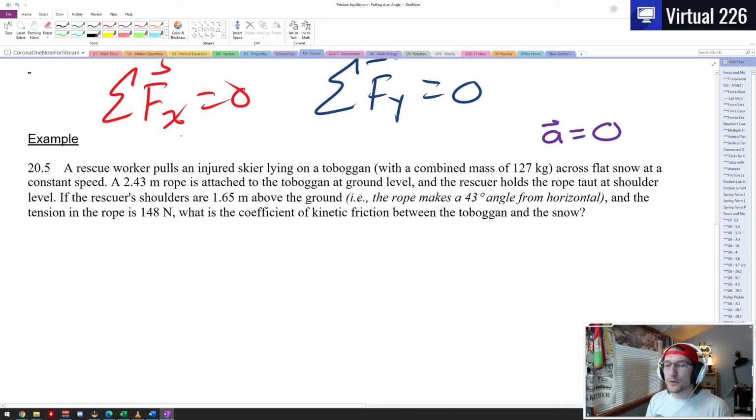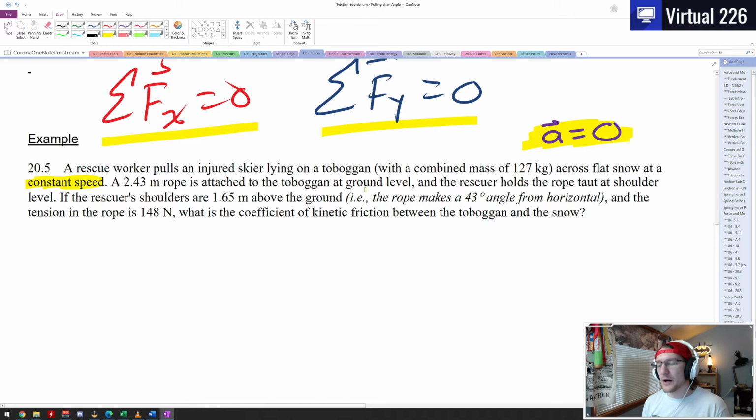Okay, so what we're looking at in this problem is a person on a toboggan with a combined mass of 127 kilograms, and they're being pulled across flat snow at a constant speed. So a constant speed implies that our acceleration is 0, which means that all of our equilibrium conditions can be applied here.